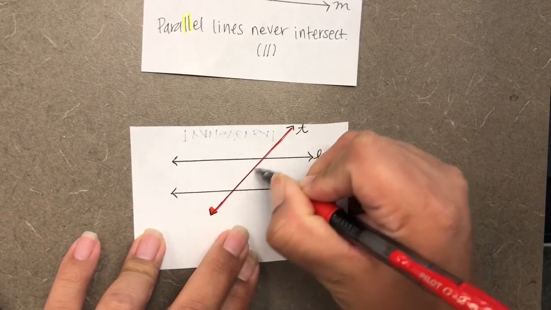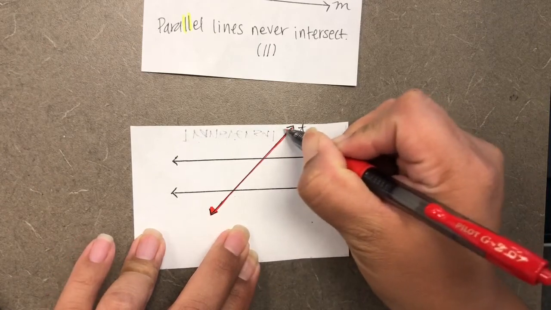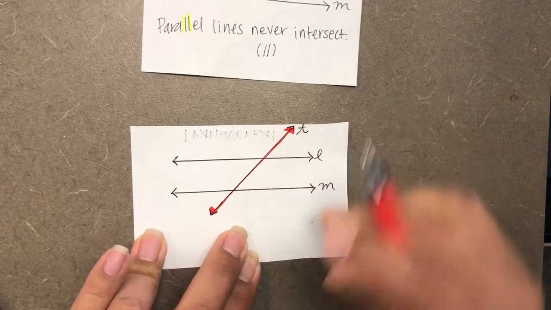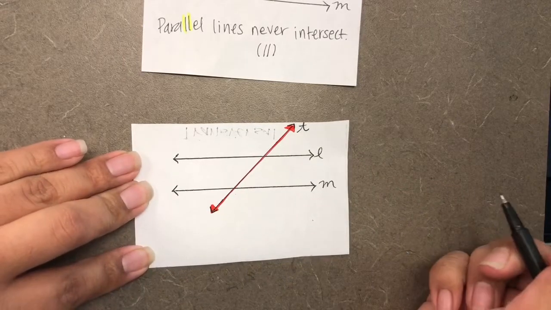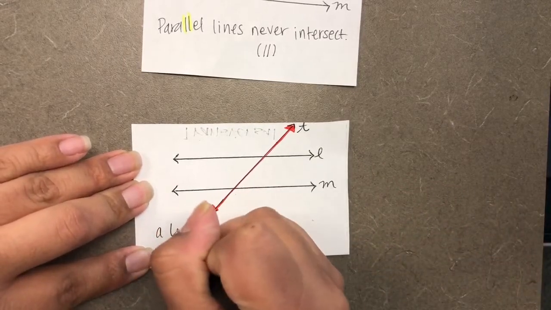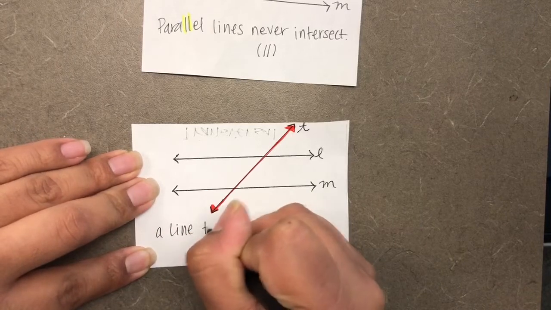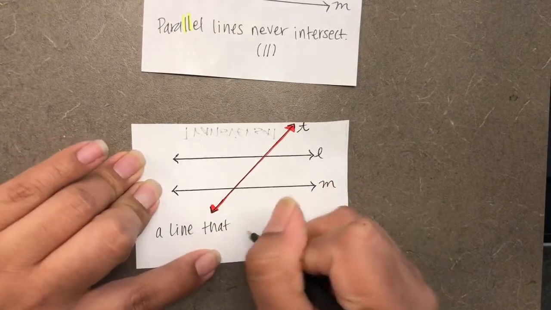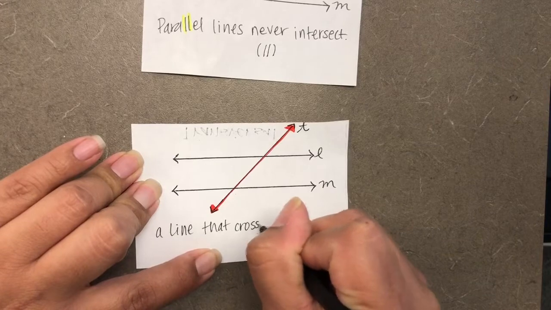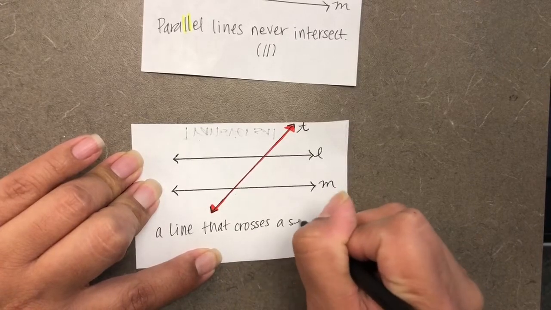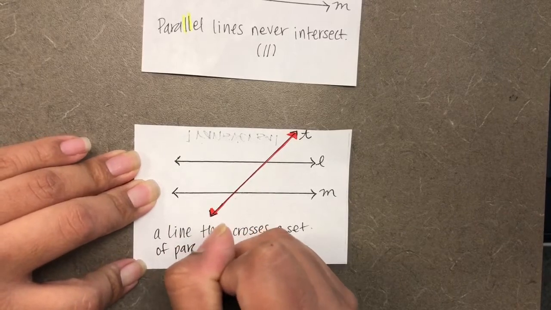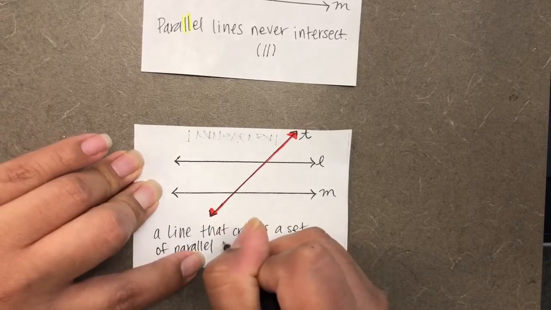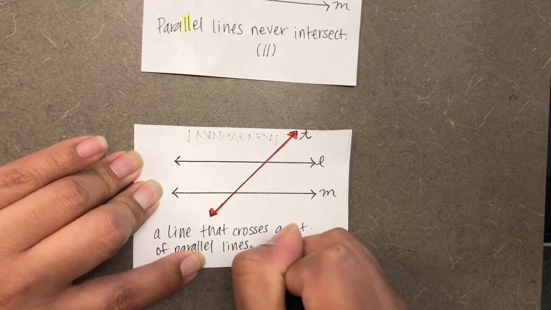So we'll go ahead and write the transversal is a line that crosses a set of parallel lines.